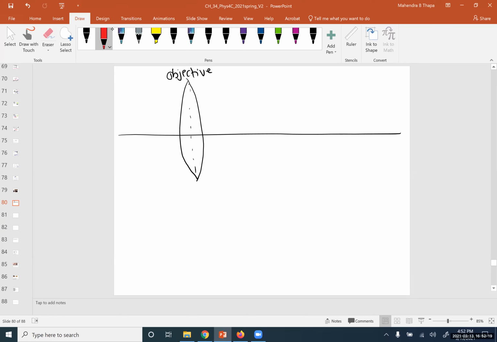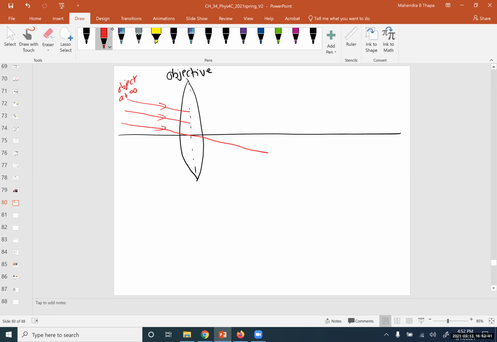So the rays coming from very far away will be parallel, but they may or may not be parallel to the principal axis. So I'm taking this example: rays coming from infinity. So my object is at infinity.